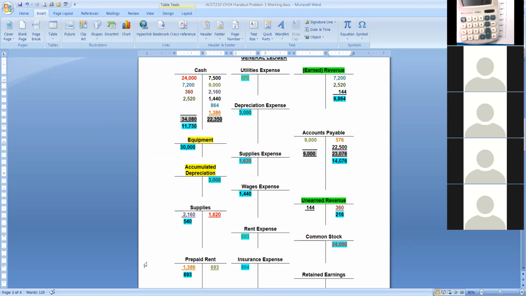Okay. I am going to print this so that I can set it over here, because the next step, the trial balance, needs this information.